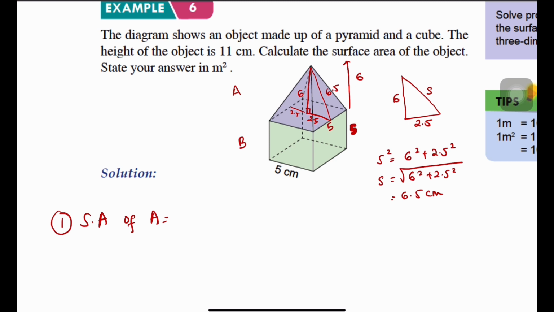No more square base, so I can proceed with 4 triangles. 1/2 times the base which is 5 times the slant which is 6.5. Press your calculator and it will become 65.